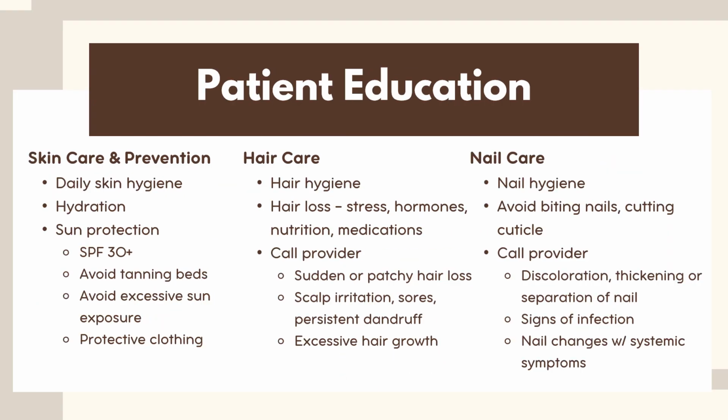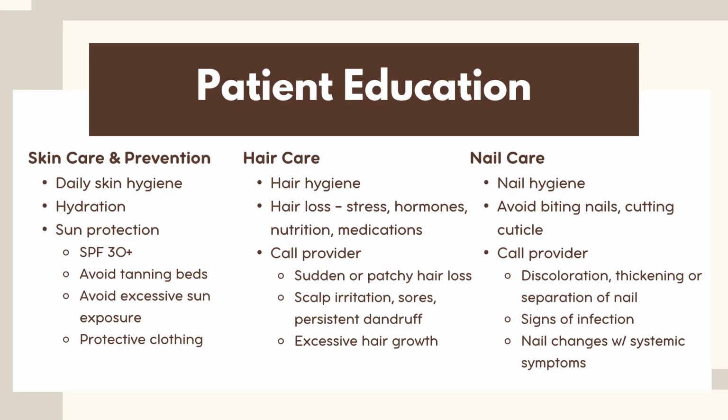With education that we can provide our patient regarding skincare and prevention, we want to make sure that we are educating on daily skin hygiene, and on hydration, making sure that they're drinking plenty of water and fluids. For sun protection, what SPF are they utilizing? If they're utilizing anything below a 30, we do recommend that they utilize an SPF 30 or greater, making sure that they are getting it behind their ears, on their ears, and between their hands, in all the places.